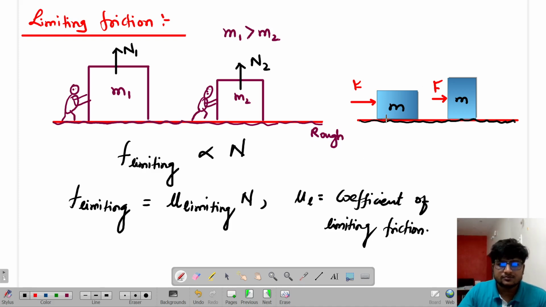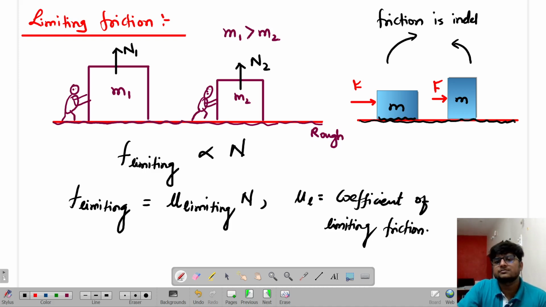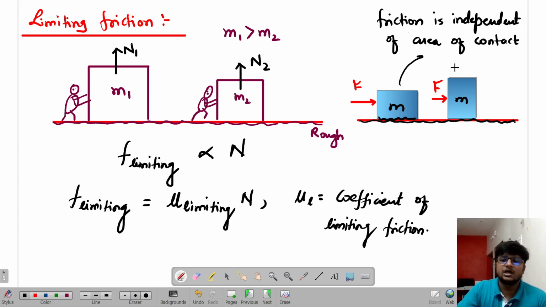Basically, here the area of contact is more, but the total pressing normal is spread everywhere. But here, the contact is concentrated, and the area is less. So somehow they are balancing it, and we will say that friction is independent of area of contact. Are you with me or not? This is the point. Are you able to get me?